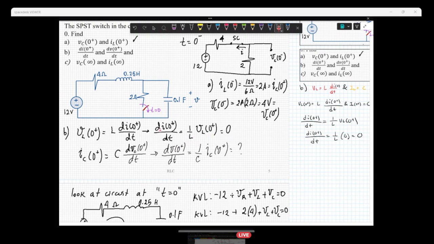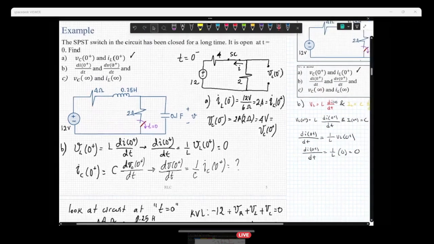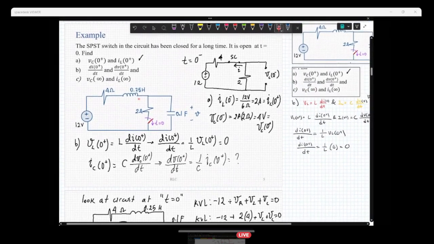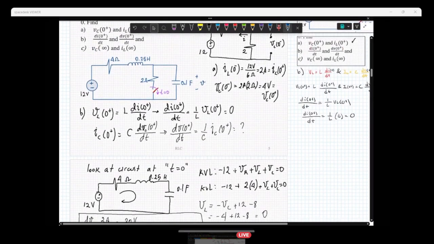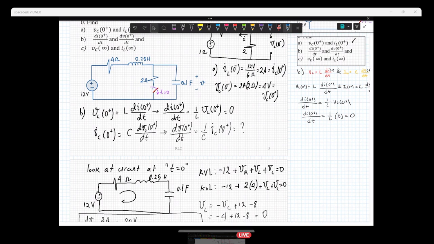Well, if I derive, wait, what is the current of the capacitor at 0 plus? The current of the capacitor at 0 plus is going to be equal to this. Yeah, which she does. Wait, how did she get 0 for VL? Why is VL 0? It's going to be the current of the inductor when the switch is flipped. But how is it 0?